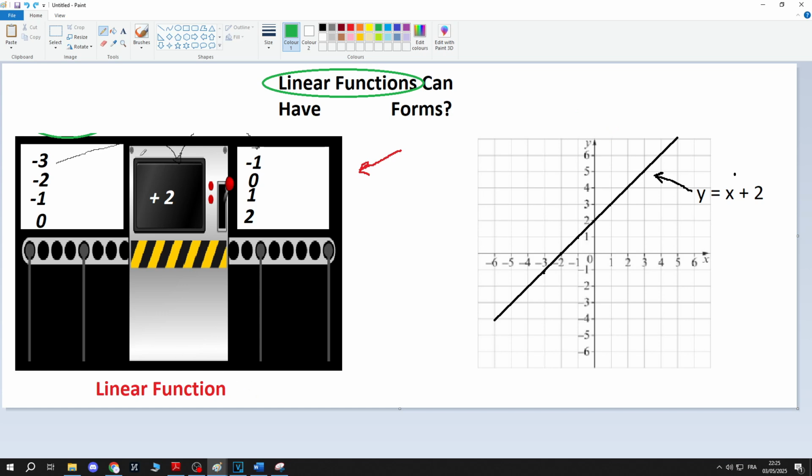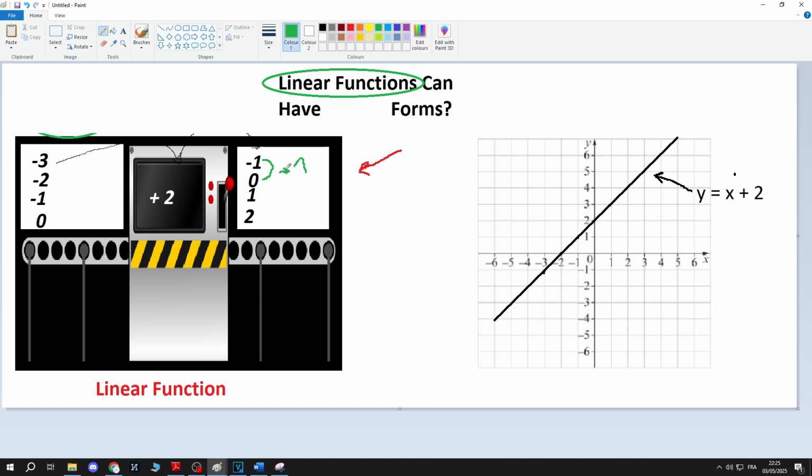And the reason I know that this is a linear function, at least according to my conveyor belt for now, is that when I write the x's, and they are in order, I'm not skipping numbers: negative 3, negative 2, negative 1, 0, 1, 2, 3, 4, 5, 6, etc., I am getting negative 1, 0, 1, 2. And if you look at the difference between each two numbers, you would find that the difference is always plus 1.